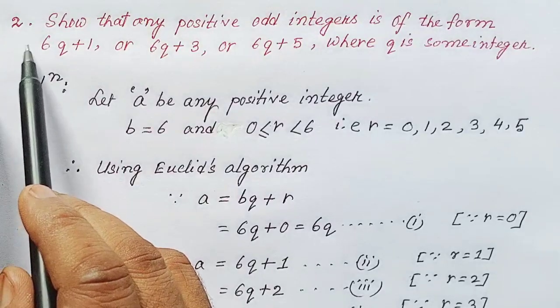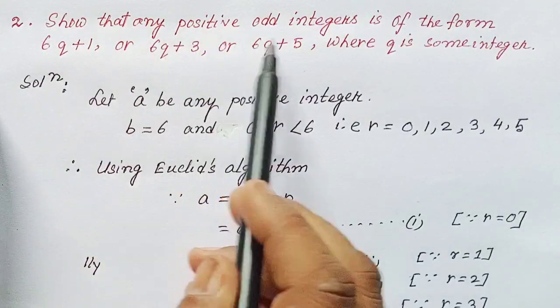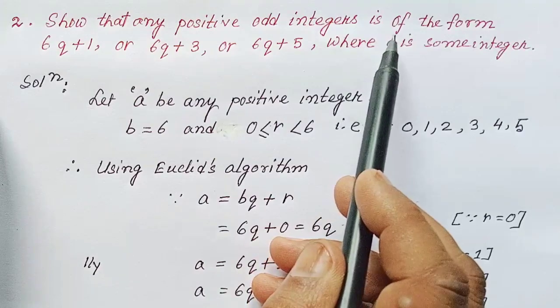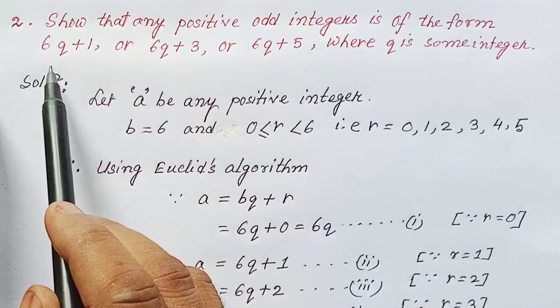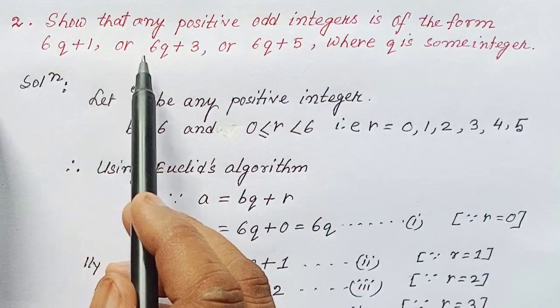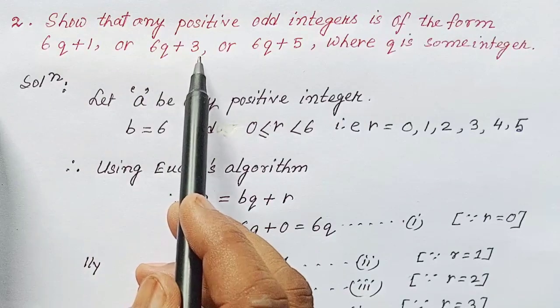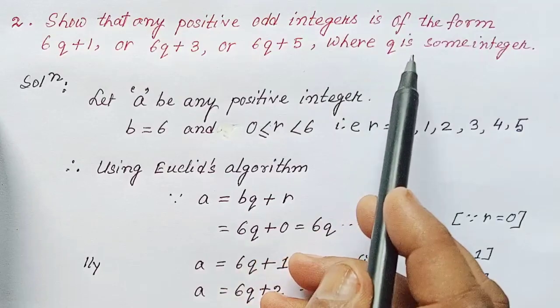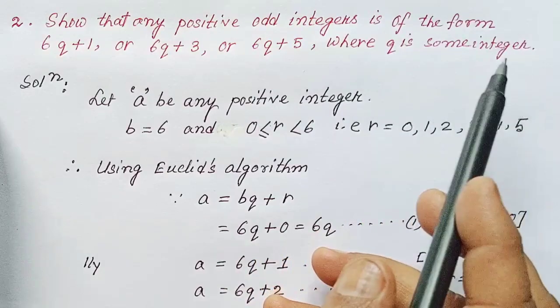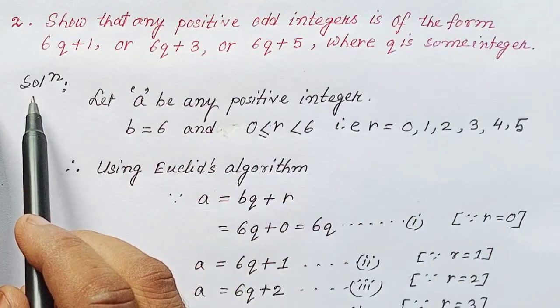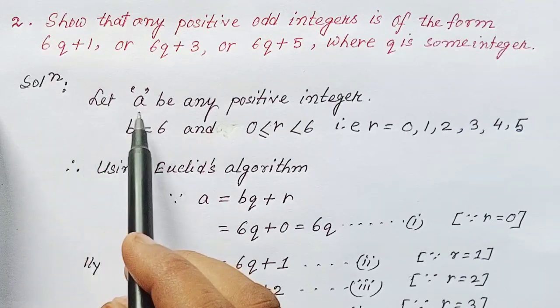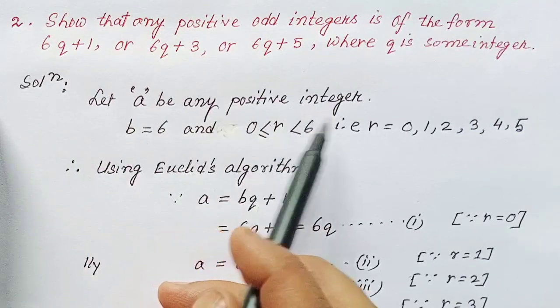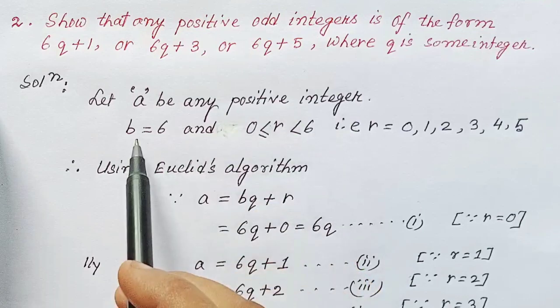Question number 2. Show that any positive odd integer is of the form 6q plus 1, or 6q plus 3, or 6q plus 5, where q is some integer. So let us start the solution of this question. Solution: let a be any positive integer and b equal to 6.